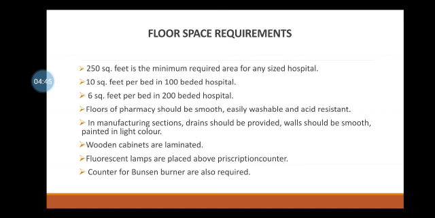The cabinets are enameled or laminated. Ventilation window blinds are favored. There should be adequate illumination. Fluorescent lamps are placed immediately above the prescription counters. Gas outlets are required on the work table for the Bunsen burners.